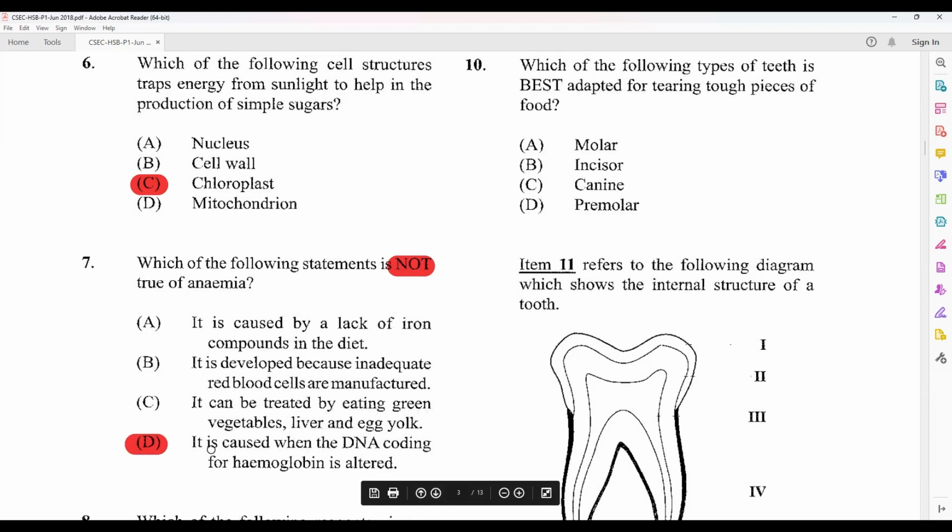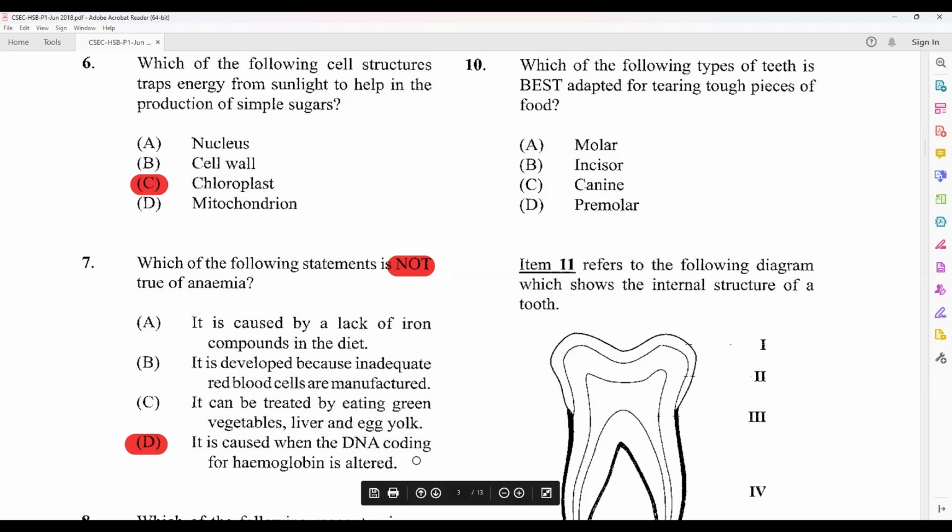D. It is caused by a lack of iron. That's true. That's iron deficiency anemia. It is developed because inadequate red blood cells are manufactured. That's true. So that's not applicable for this question. It can be treated by eating green vegetables, those dark green leafy vegetables. Yes, that's true.